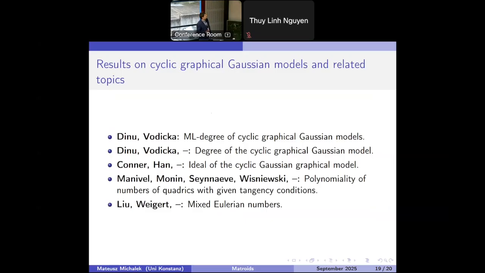So ML degree of a cyclic graphical Gaussian model. This was a conjecture by Sturmfels, Drton, Euler, maybe Sullivan, and proved recently by my PhD student and my postdoc. The degree of the cyclic graphical Gaussian model, that was a conjecture of Sturmfels and Euler.